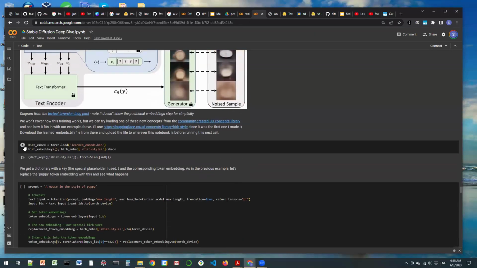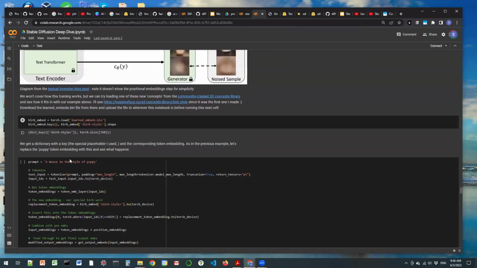So this is an embedding that he has used from the Stable Diffusion library of concepts, and it basically says, I want the model to use the style or the concepts created by the SD concept library and provide me a mouse in the style of a puppy. But here is where he replaces the token embeddings in the embedding layer to create the verb style.